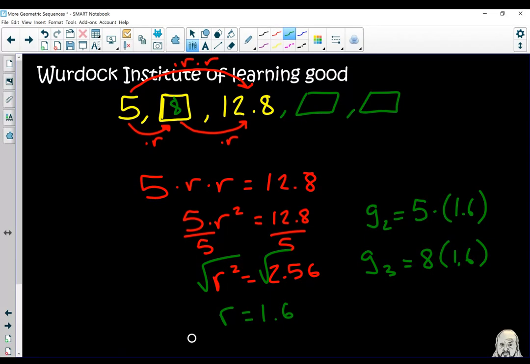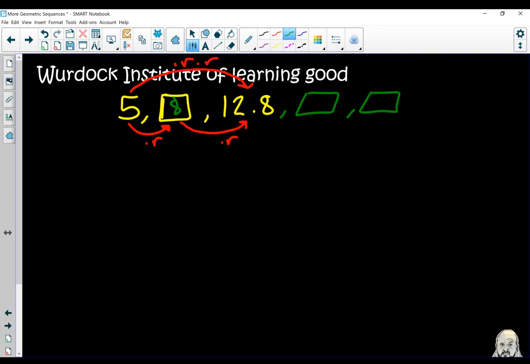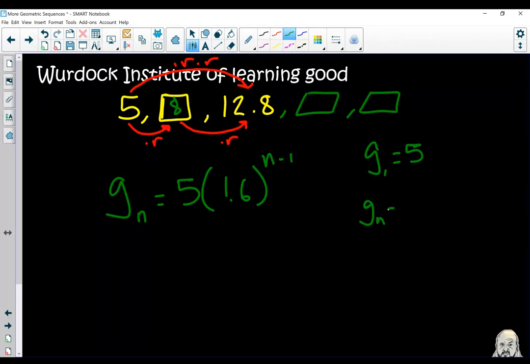But more importantly, I can state the equation 2 different ways. My explicit formula would be 5 times 1.6 to the power of n minus 1, or the recursive way would be g sub 1 is 5, and g sub n equals g sub n minus 1 times 1.6, depending on what the book asks you.